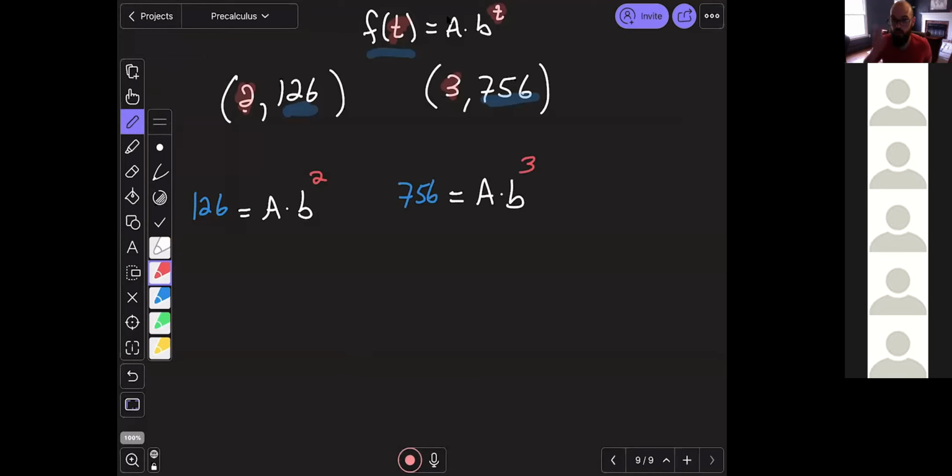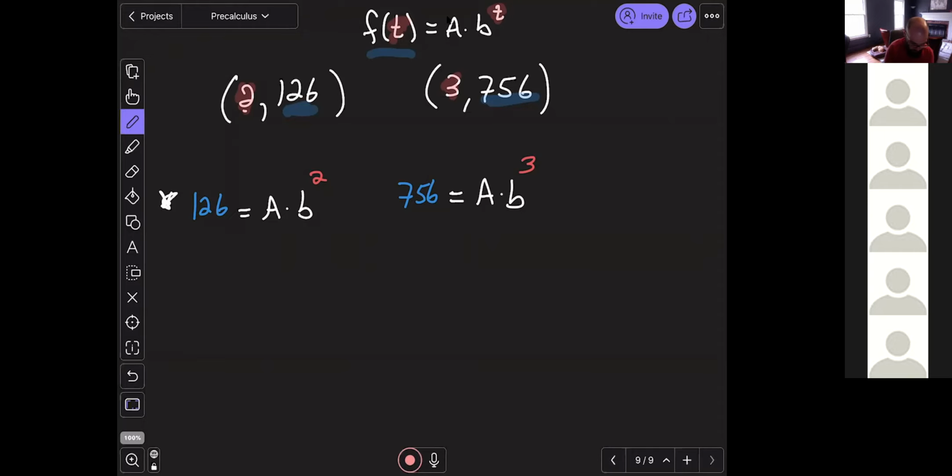Okay, so since I have this exponential model, I want my points to fit on a curve that looks like this: a times b squared or a times b cubed. And so we can try to combine these two equations somehow. What we're going to do is take this equation right here and divide it into the other one.